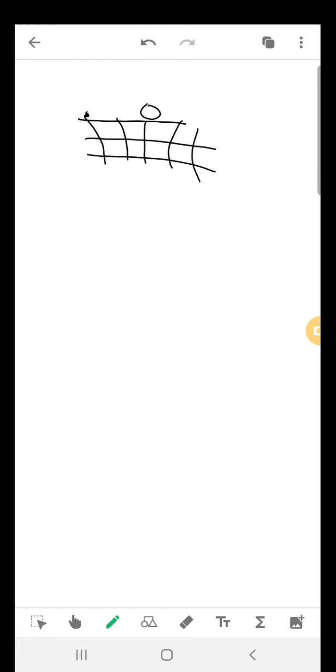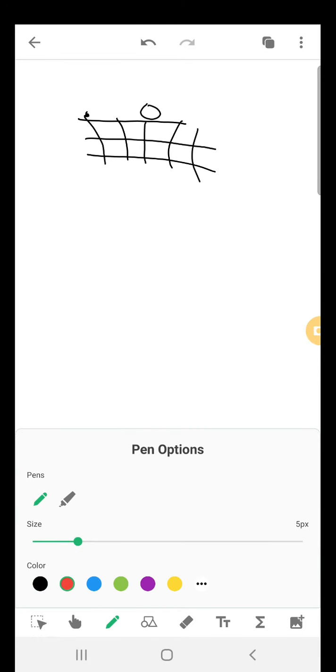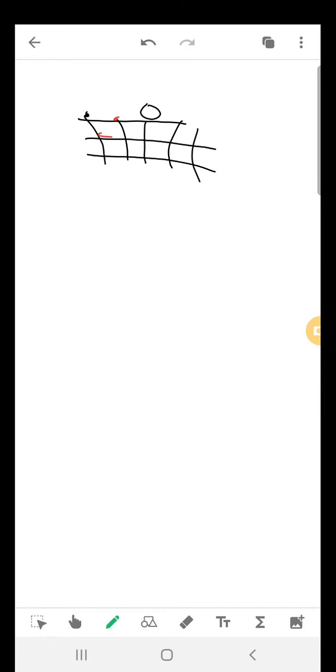So if this is the surface and the solute atom is present here, the solute atoms will be slightly less relaxed compared to that in the bulk.